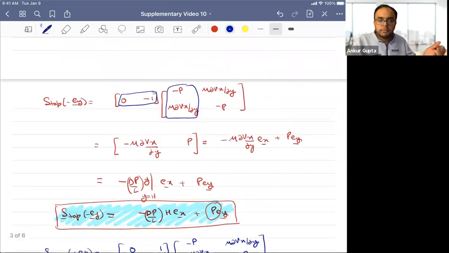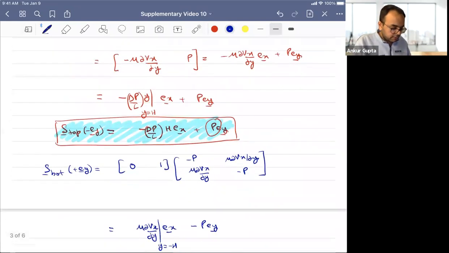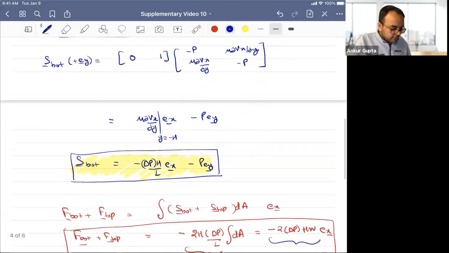Then we did the top stress vector using minus EY, and we saw that there was a constant EX, but the pressure was varying along the X direction. But because of the bottom surface, which was equal and opposite in the Y direction, we could cancel that out. But the shear stress actually does get added.